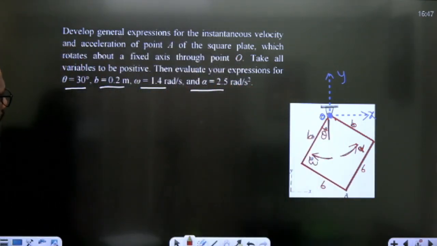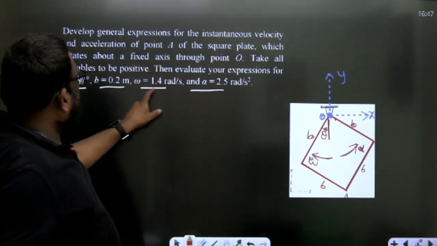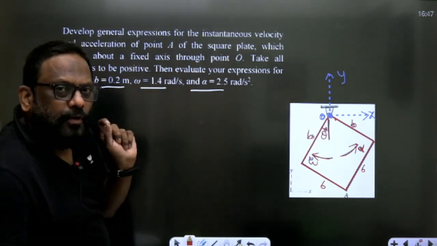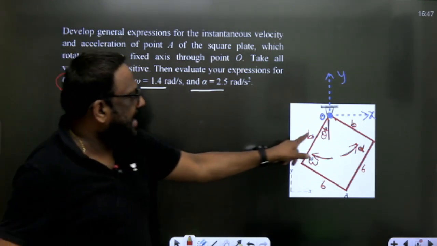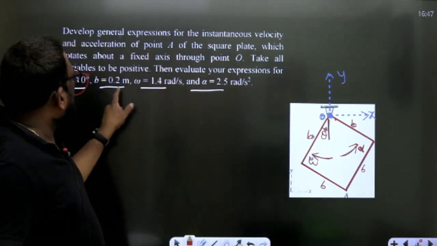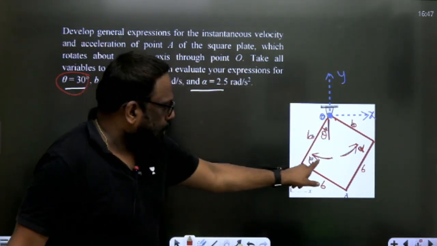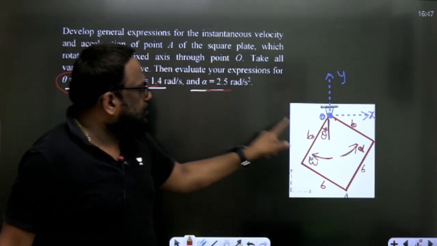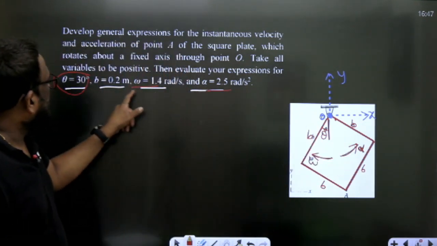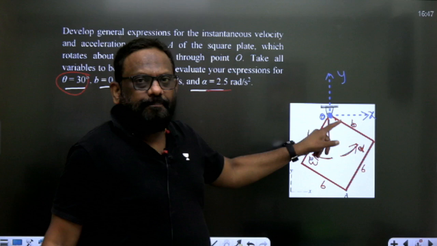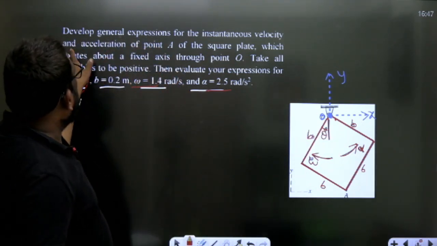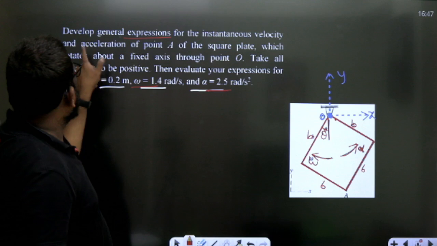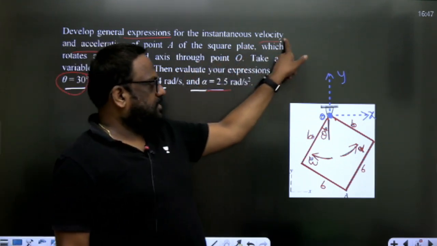Values of alpha, b and theta are given. When theta is 30, omega is 1.4 clockwise, alpha is 2.5 anti-clockwise and b is 0.2, develop the expression for acceleration and velocity.